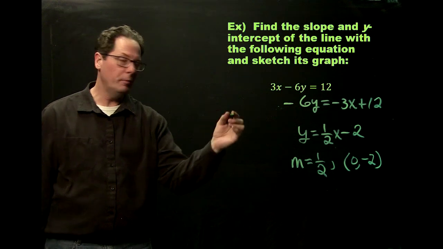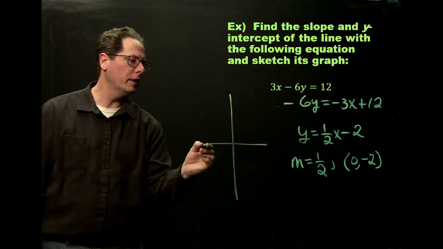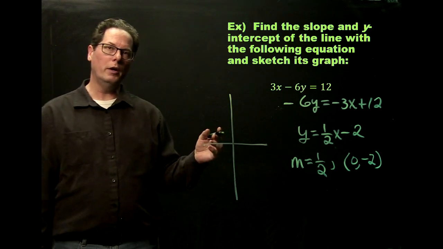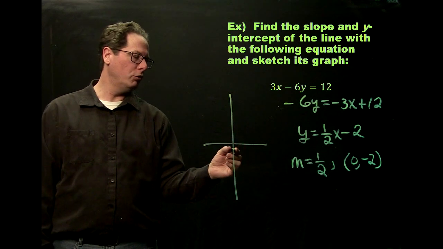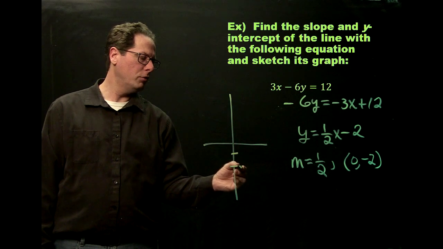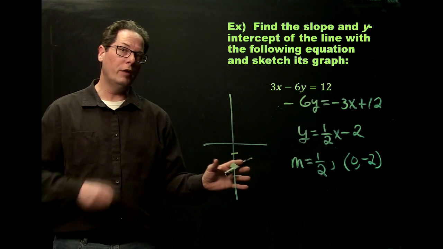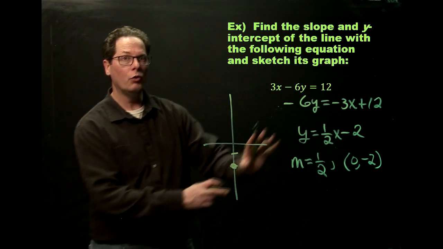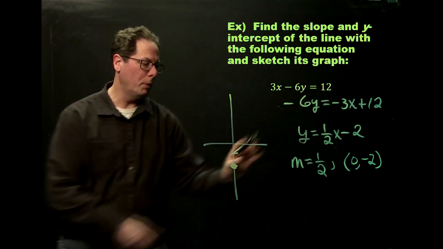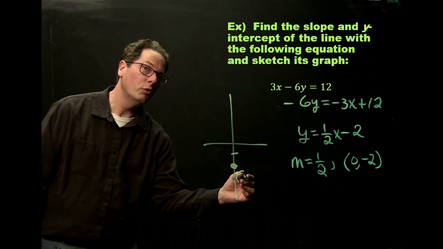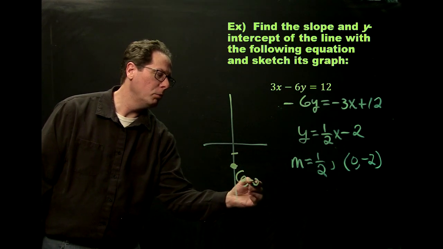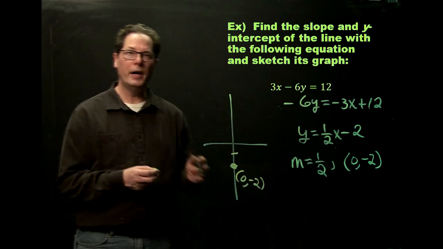So we need some axes. Now our y-intercept is 0, minus 2. So let's start there. There it is. So that is our y-intercept. Now we have a positive slope, so we know it's going to go from left to right, go up. I can put the label down here, 0, minus 2.